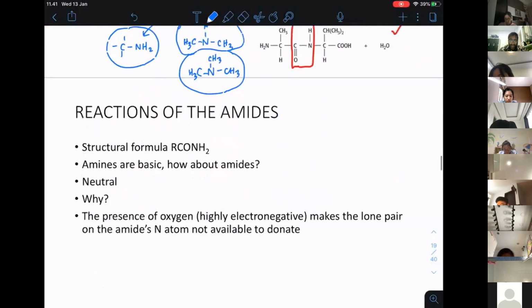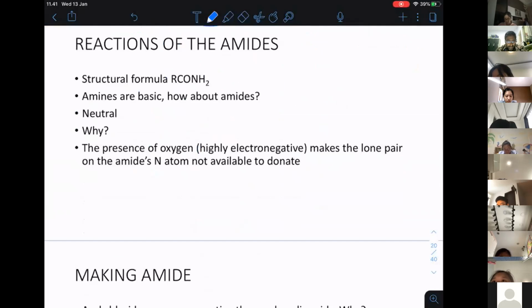So what are the reactions of amides? The structural formula of the normal, unsubstituted amide is RC double bond O NH2.